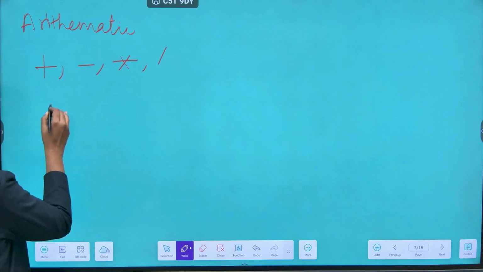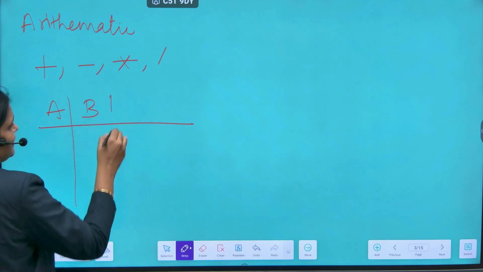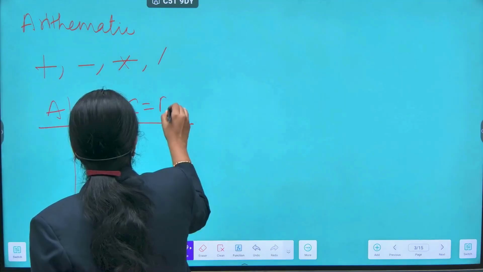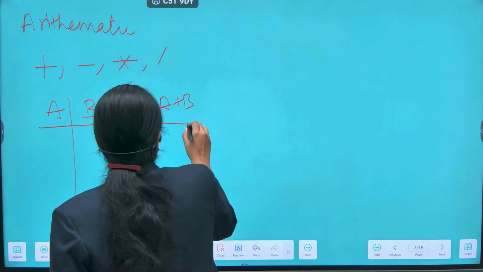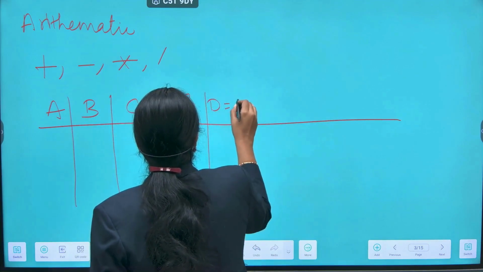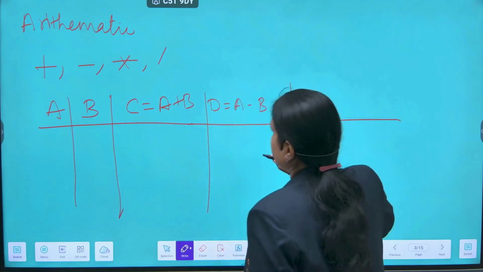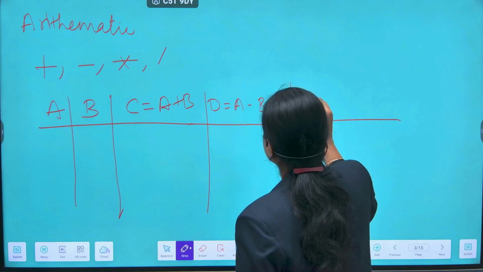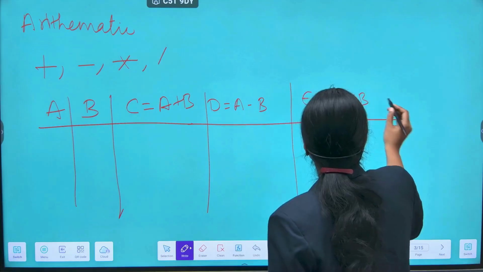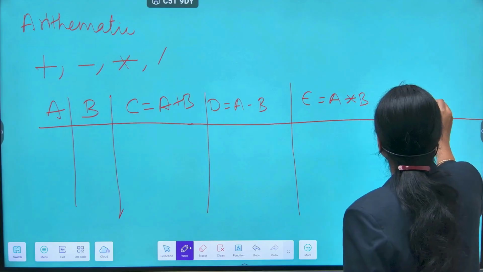Now let's take some inputs A, B and C. C is nothing but A plus B. Next, D is nothing but A minus B. Next, E is nothing but A into B. And F is nothing but A by B.